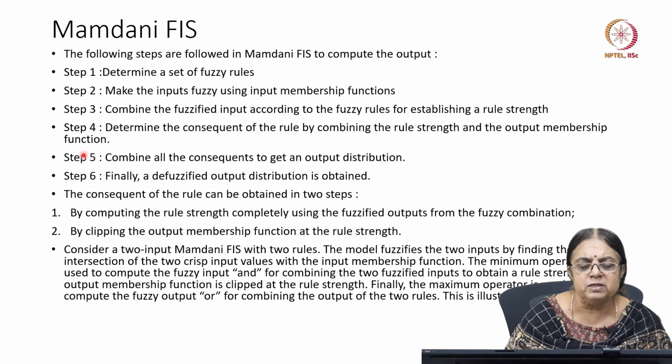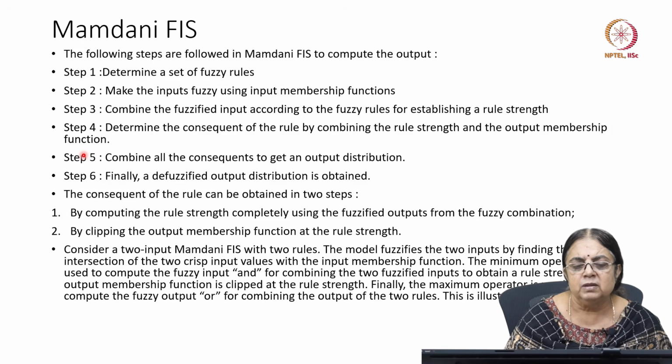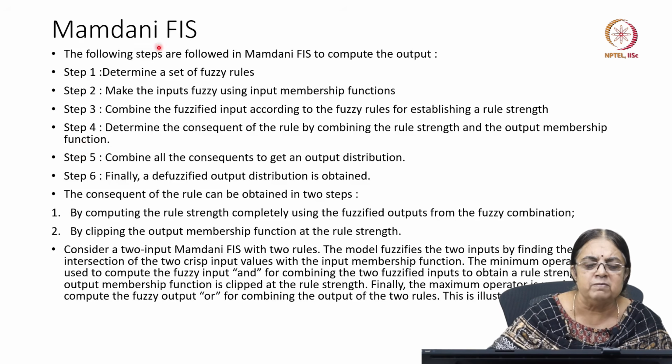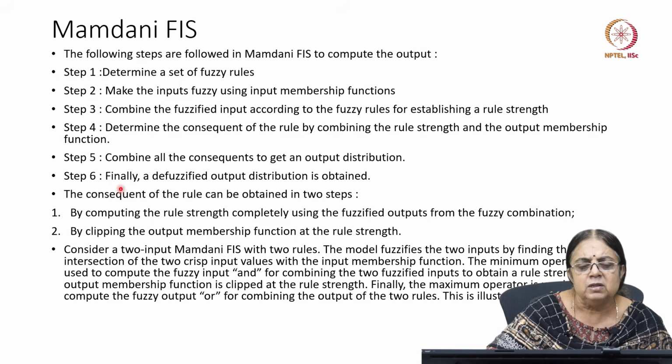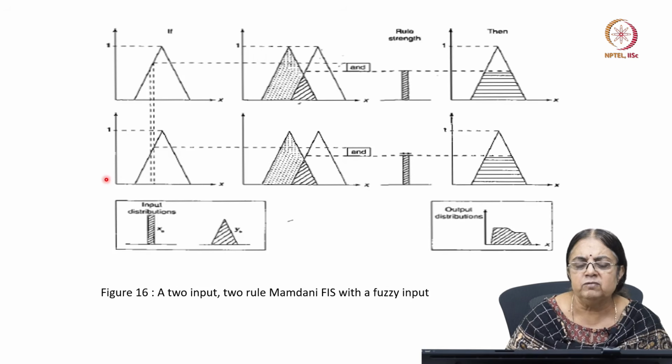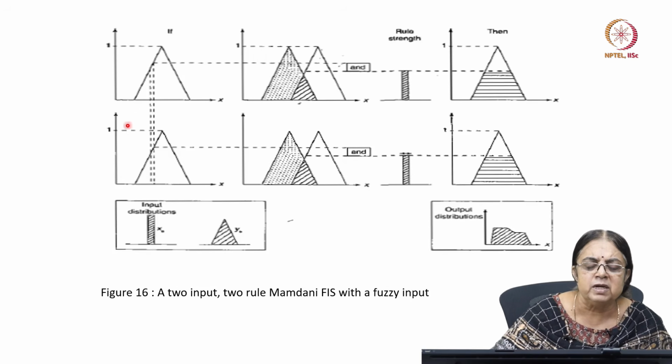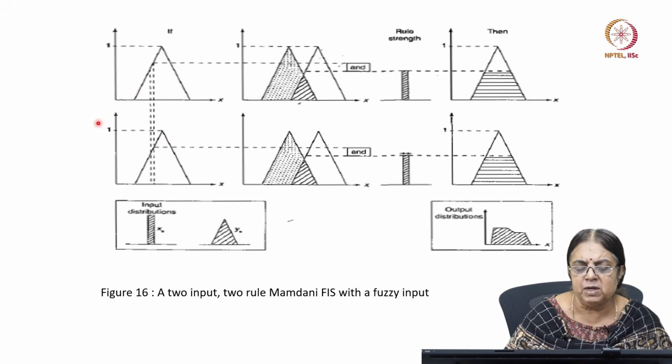So there are two methods of the inference systems. One is what is called the Mamdani method. In the Mamdani method, what you are basically doing is that you are getting the output as membership values which need to be combined.